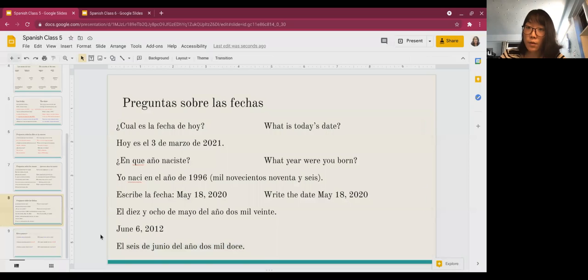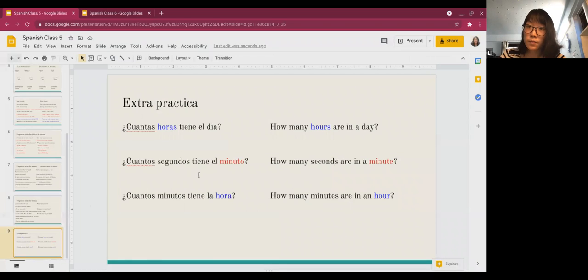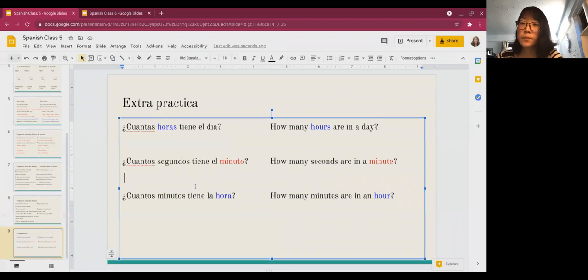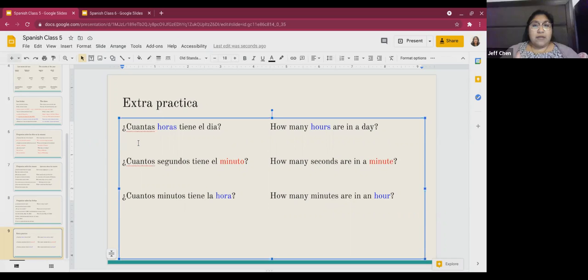Okay. So now the last slide. Okay, so this is extra practice. This is like about the time and everything. Which we'll be learning next week. Okay, telling time, seeing the time, everything like that. So this is a little practice before we get to that. So, ¿cuántas horas tiene el día?